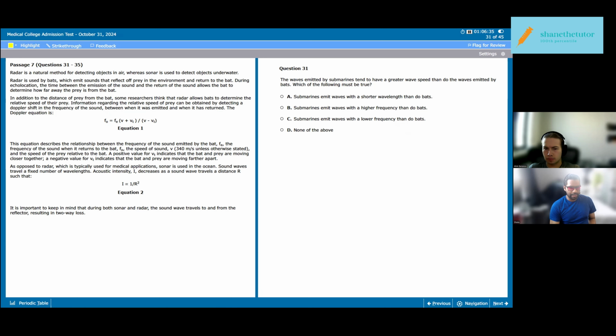So let's see. The waves emitted by submarines tend to have a greater wave speed than do the waves emitted by bats. Which of the following must be true?